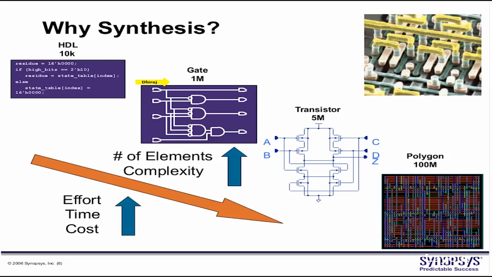Plus, the tools nowadays are very sophisticated in that they can choose what cell would suit best for different types of code. For example, if you want a lower area, it would choose a different cell when compared to when you want a faster circuit. And the complexity keeps on increasing as you go one level down.